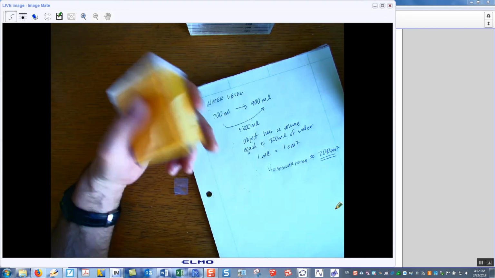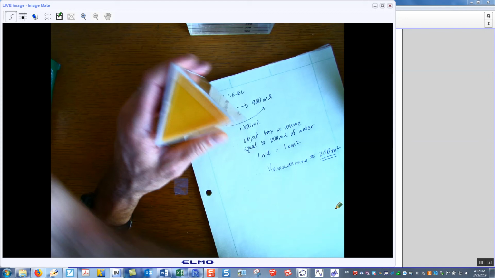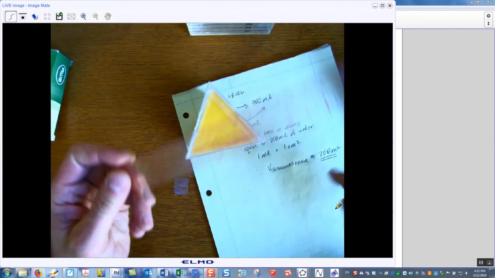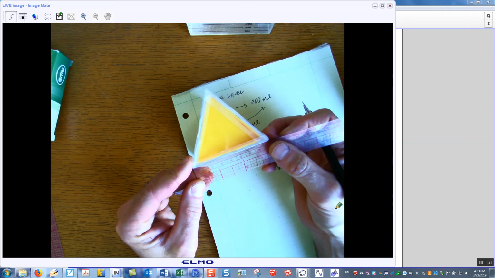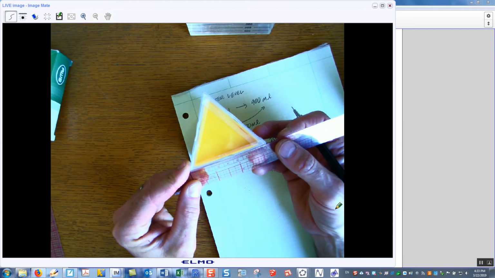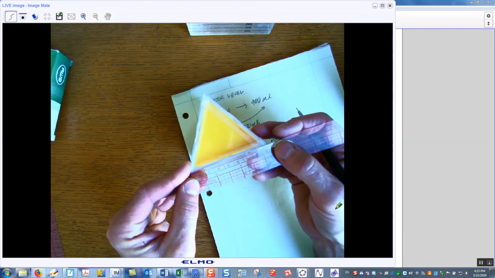So I'm going to get my ruler out here. Sorry, should have had that out earlier. So here's a ruler. Since we're in cubic centimeters, and that should be cubic, not square centimeters, right? Looks like the triangular base is somewhere in the neighborhood of 8 centimeters.